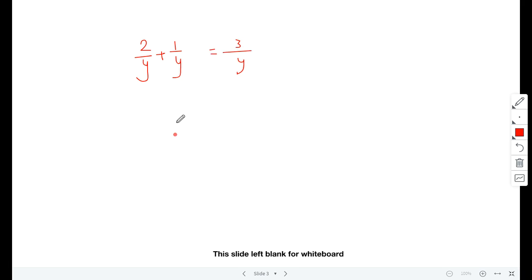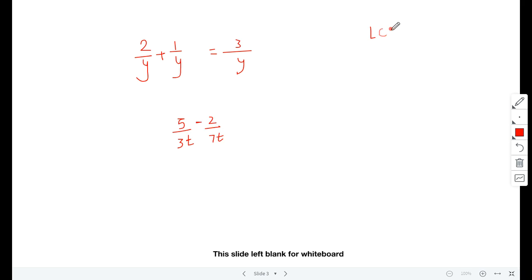Now next is 5 over 3t minus 2 over 7t. So the first thing is we have to make the denominator the same, and we have to calculate the LCM, that is the lowest common multiple.